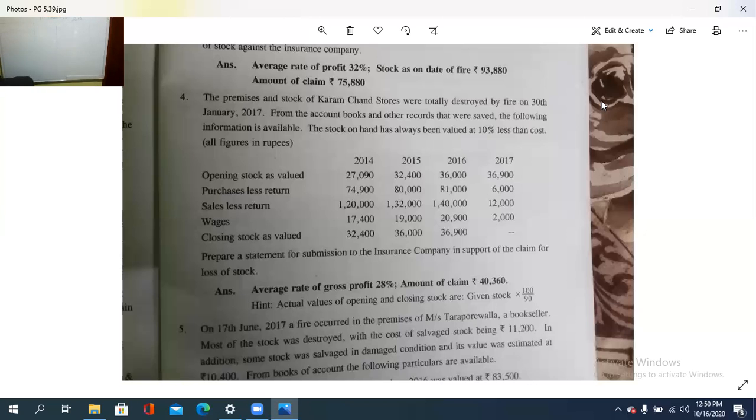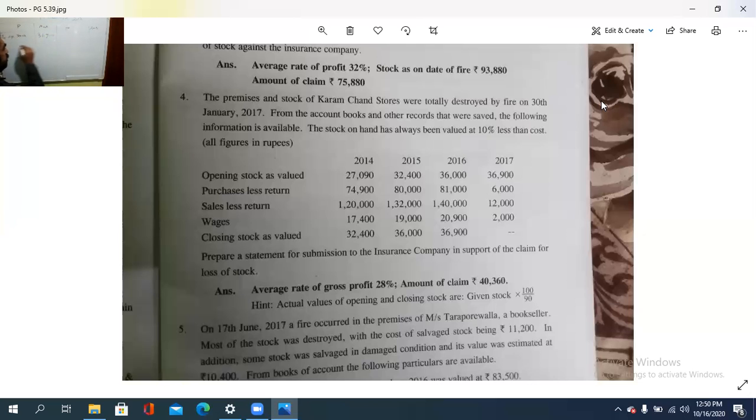So here particulars, amount, particulars, amount. Okay. Firstly, what is that? Opening stock. Opening stock is how much?